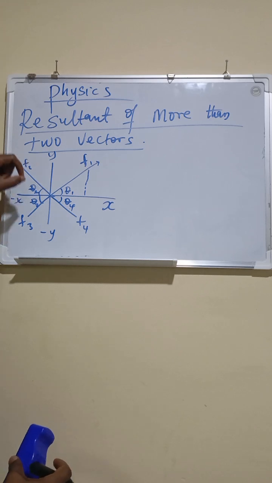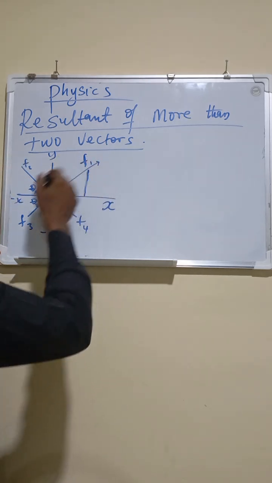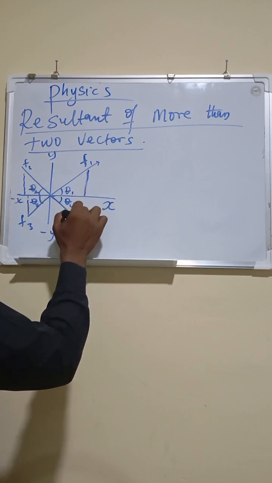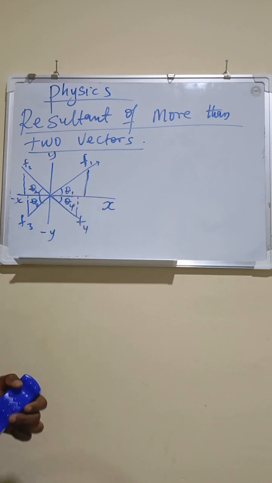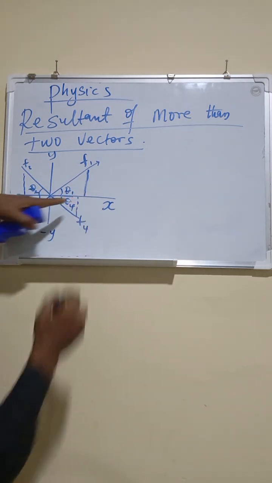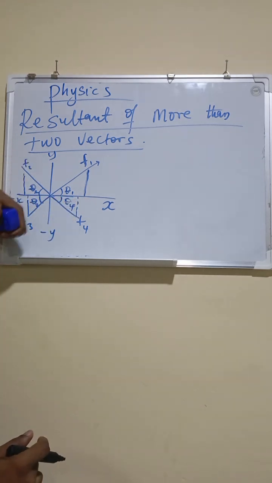Resolving into two components, here is the vertical, and here is the horizontal. Here x is positive, and on this side x is negative. On this side y is negative, and on this side y is positive.